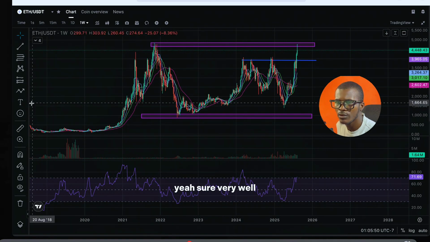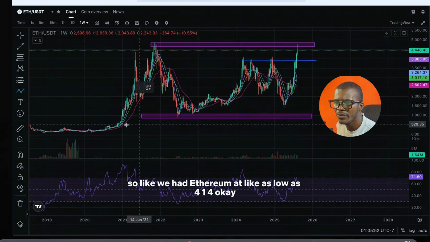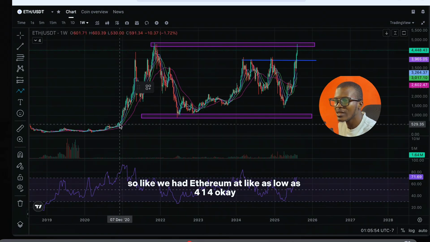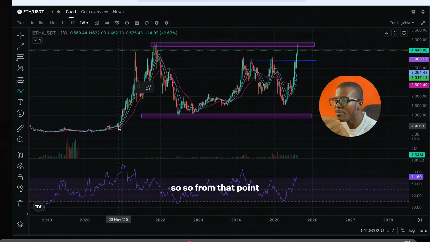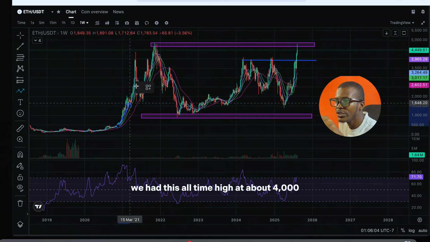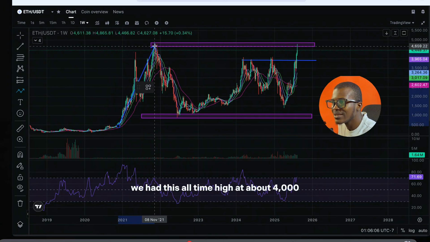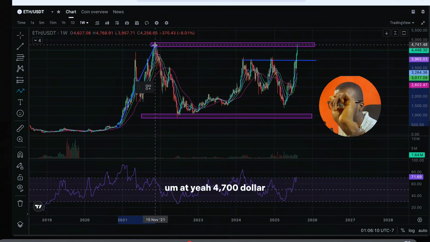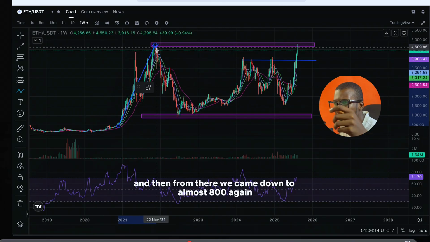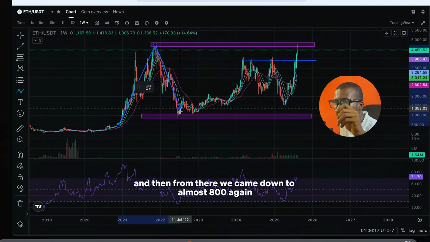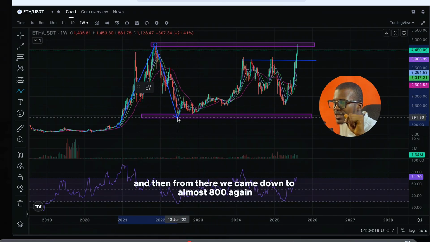Yeah, show very well. So we had Ethereum as low as 414. From that point we had an all-time high at about $4,700, and then from there we came down to almost 800 again.